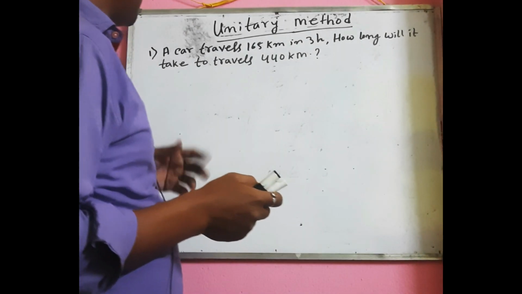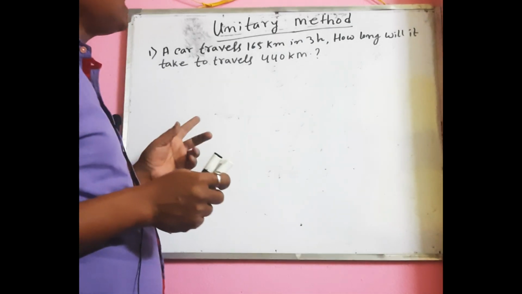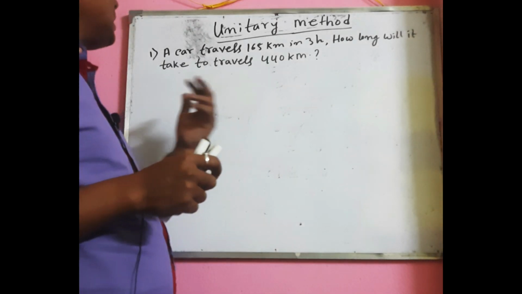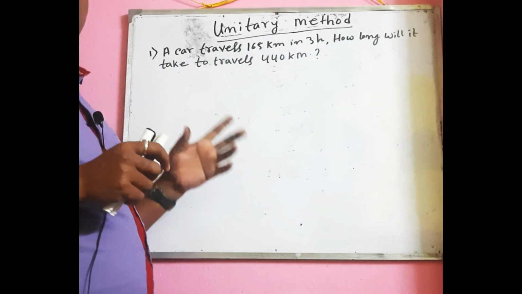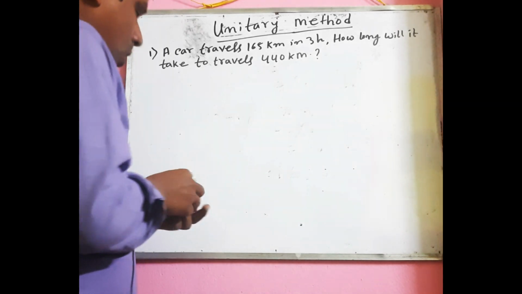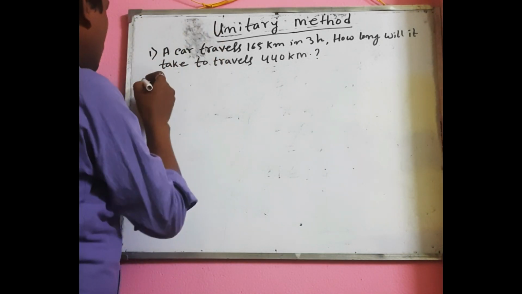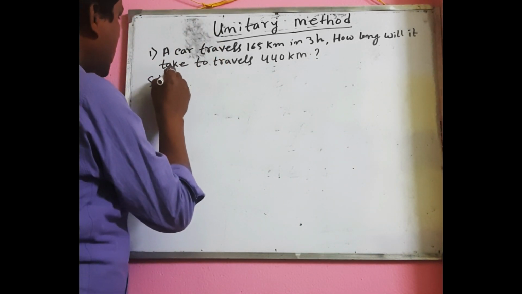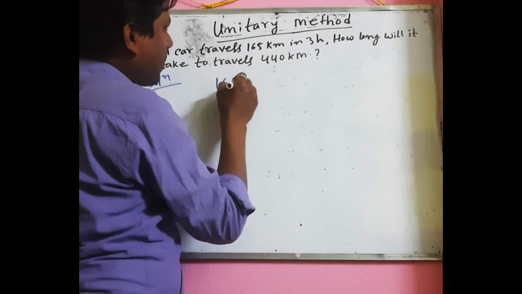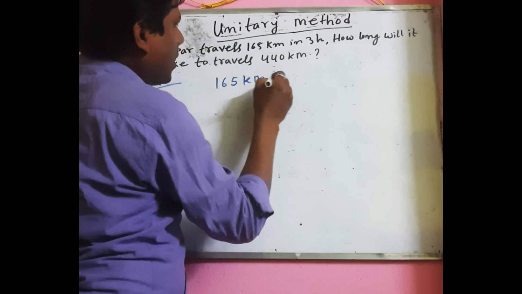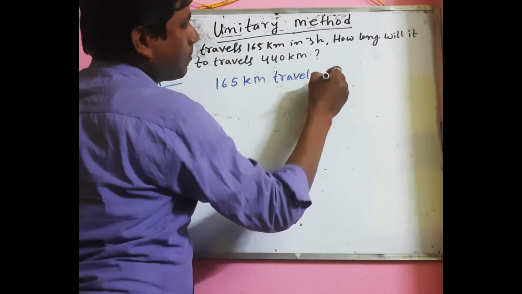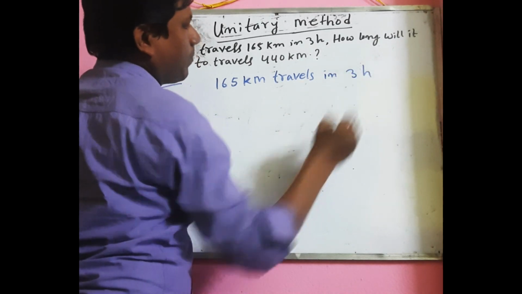The example is: a car travels 165 km in 3 hours. How long will it take to travel 440 km? This is the question. Now in the solution section, 165 kilometers travel in 3 hours.